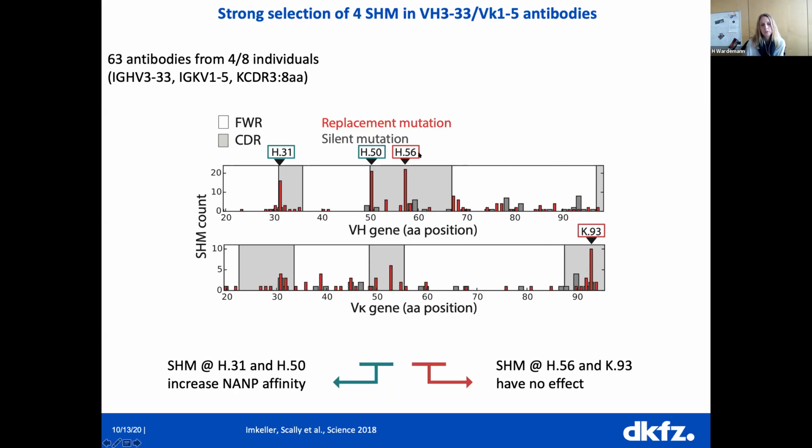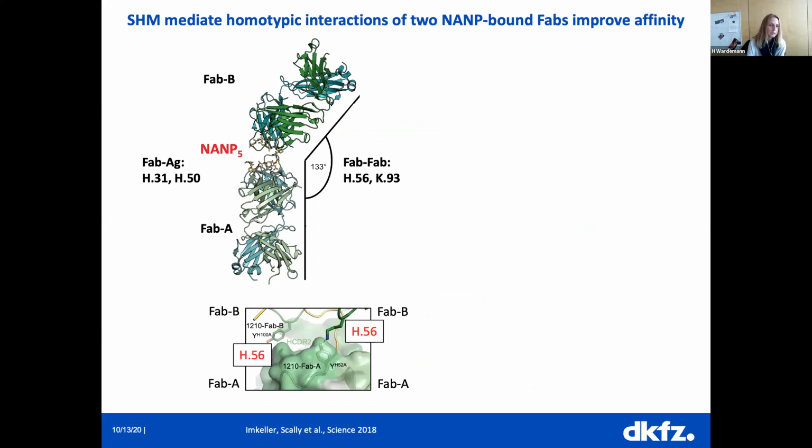However, these 2 mutations here, H56 in CDR2 of the heavy chain and kappa 93 in the CDR3 of the light chain, had actually no effect on antigen binding. So this was weird, and we didn't understand it in the beginning, because the selection should be based on affinity to the NANP, according to textbook.